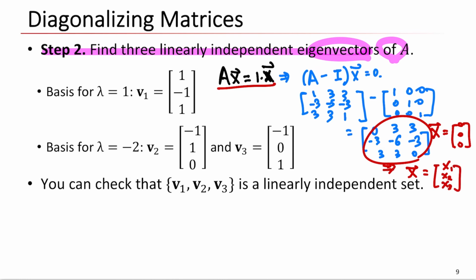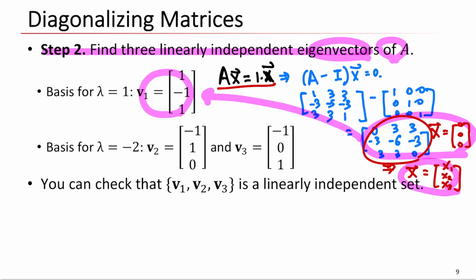So please derive this term yourself. Anyway, if we find the solution of this one, the basis of this solution will be v1 equal to 1, -1, 1, right?